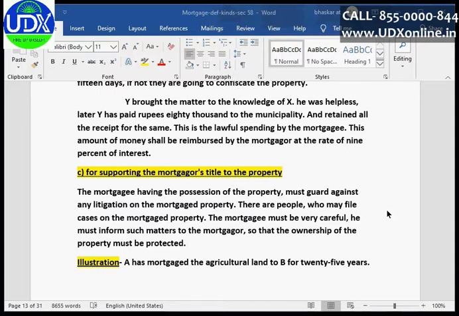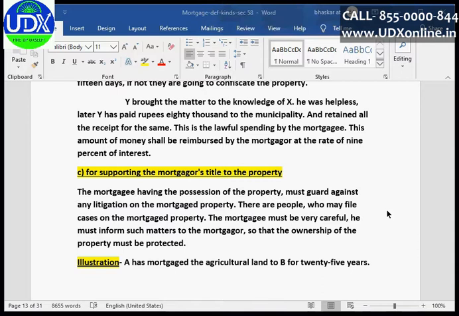He must bring the matter to the knowledge of the mortgager, saying, "Sir, I heard this kind of rumors. There are people who are trying to file false cases, or they have filed false cases of ownership against the property. I have received the notice. So you please take action." He has to tell the matter to the knowledge of the mortgager.